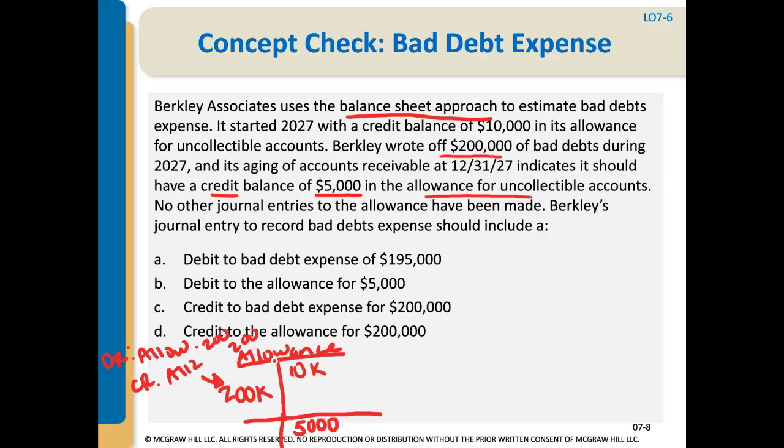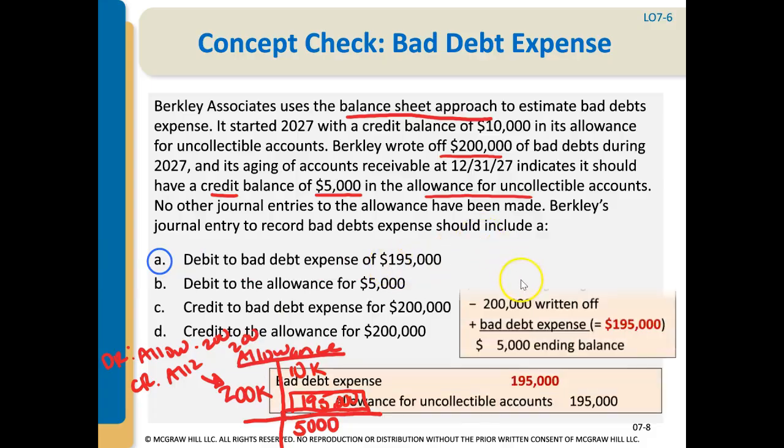And so to get a credit balance of 5,000, I need a credit entry of 195 to the allowance account. So that would be a debit to the bad debt expense and a credit to the allowance account. So let's see. Yep, debit to bad debt expense of 195 is correct.